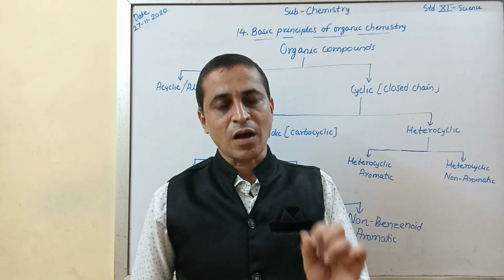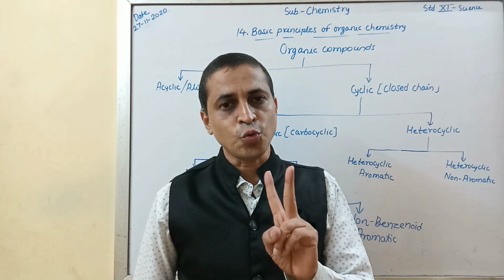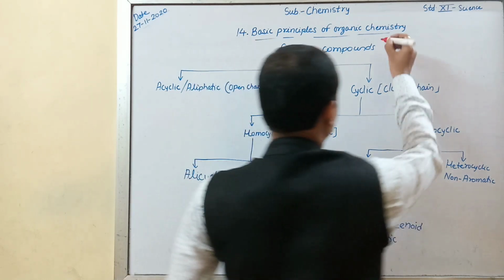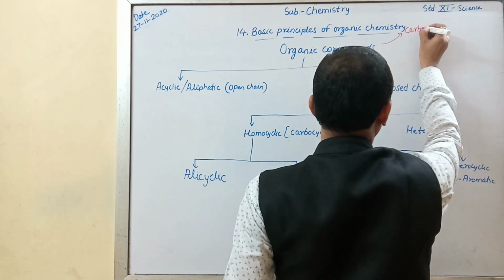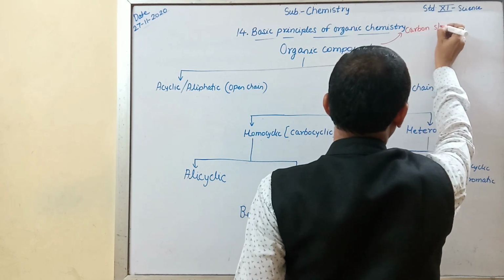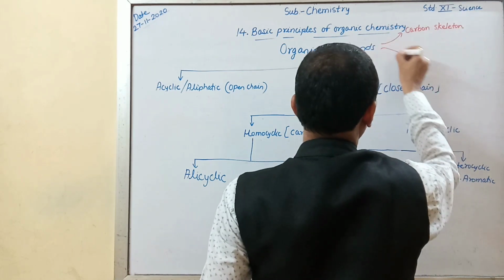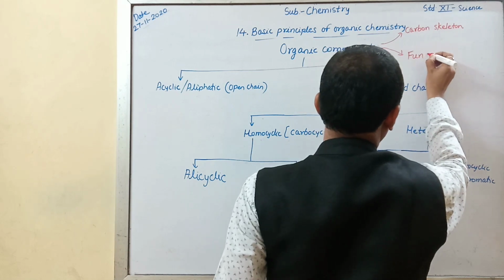Organic compounds are classified in two ways. One is what? Carbon skeleton. And another way is what? Functional group.